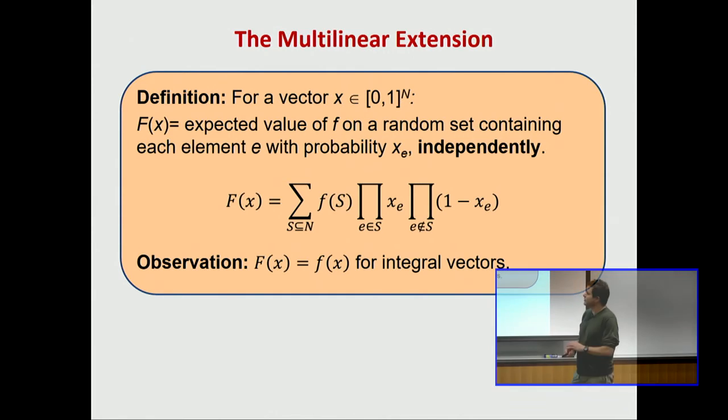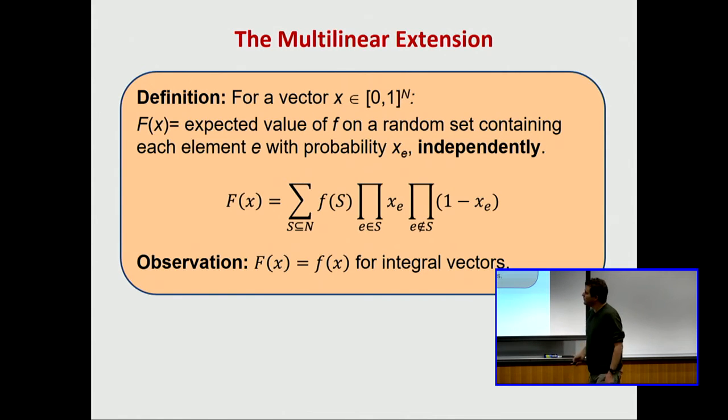So what is the multilinear extension? This is a really simple concept. If you have a fractional vector in [0,1]^n, you just take the expected value of a random subset that contains each element e with probability exactly x_e, independently at random, right?